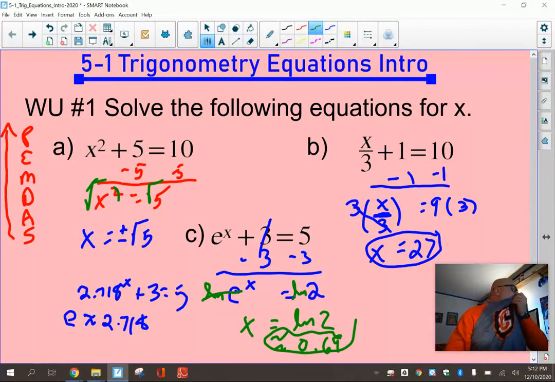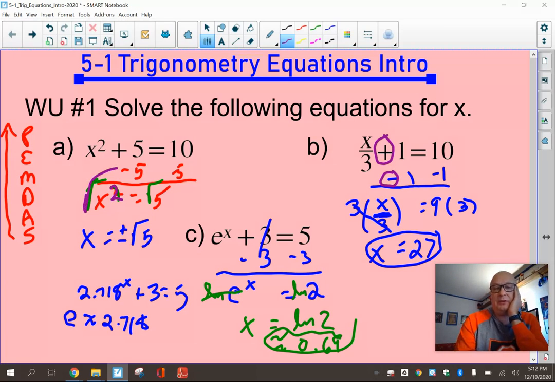Now the thing I want you to notice about all these as you did this warm-up is you're solving and you're trying to undo operations. If we were in class together, I would ask you, how do you undo a plus? A lot of students would say minus. How do you undo a square? A lot of students will say square root. That's no problem.